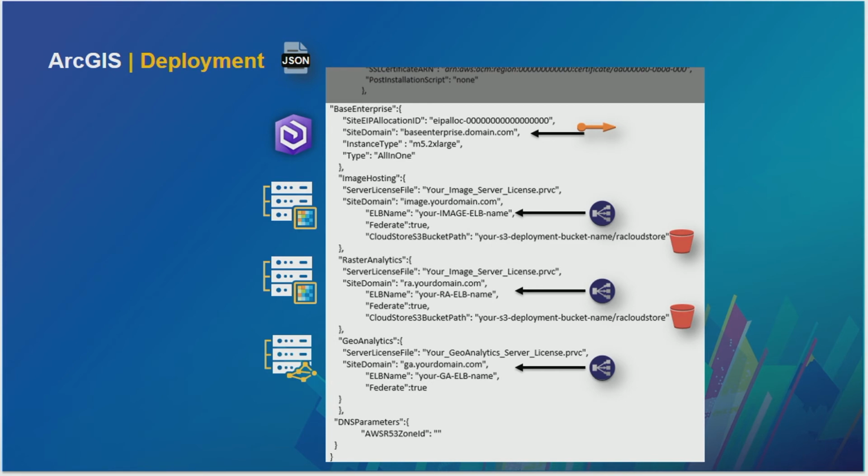The next one, the image hosting server, sets that server role within my portal configuration for me automatically, and same with raster analytics and geoanalytics. As you see here, I just put in my load balancer name. This is not the DNS update that you have to do. This is actually the load balancer name within the AWS configuration. Just to note that.